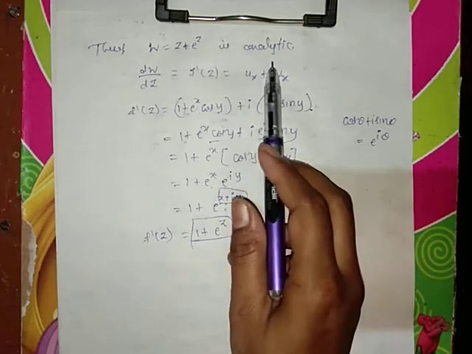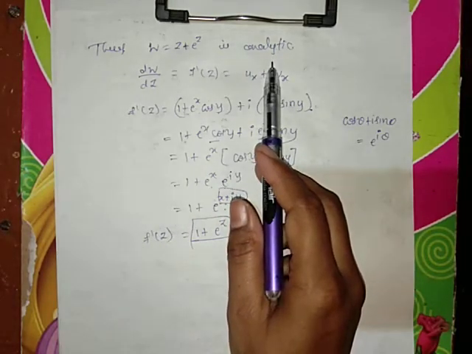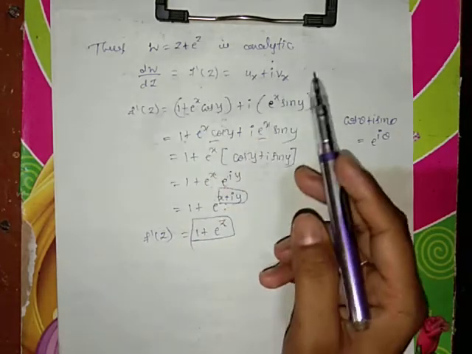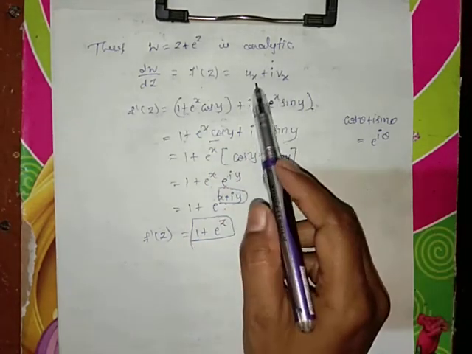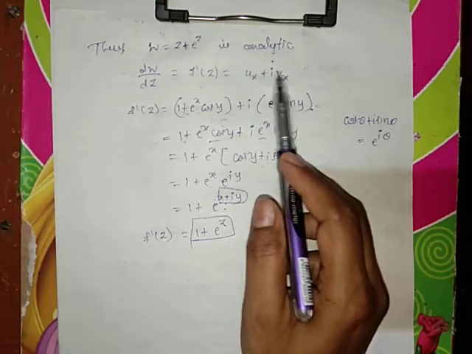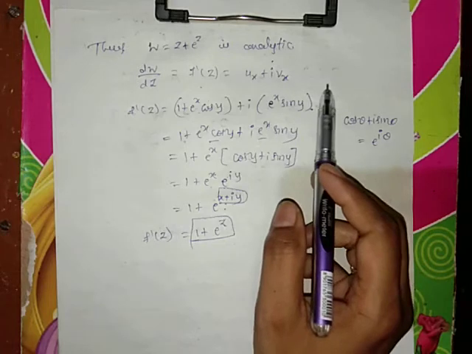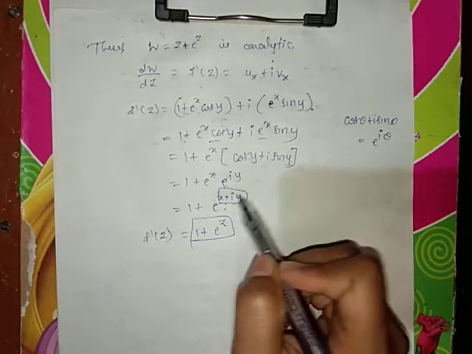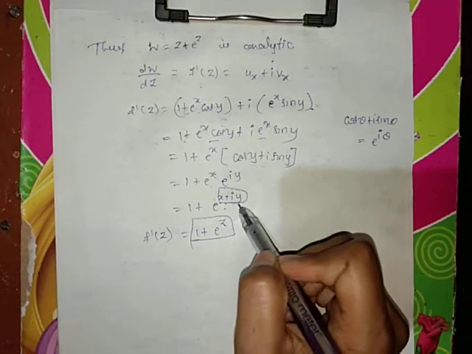So after concluding that f of z is analytic, we have to go for the f dash of z. Here we continue with the Cartesian, so substitute ux and vx. After taking the substitutions of ux and vx, you have to rearrange the terms as a function of x plus iy.